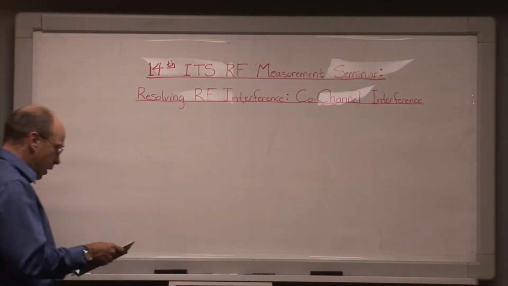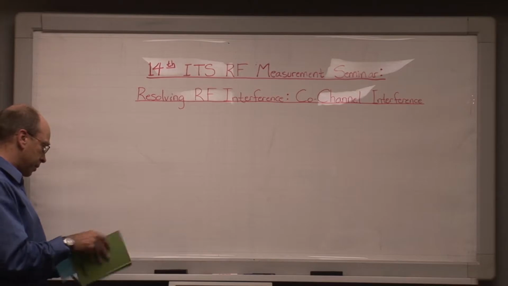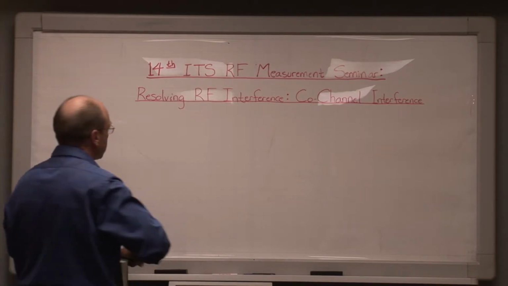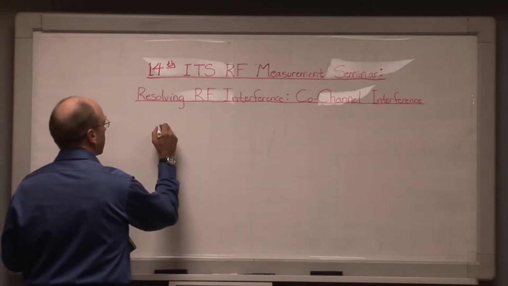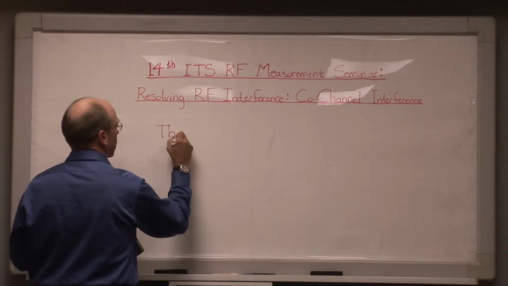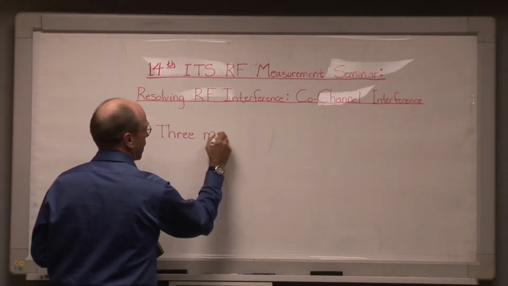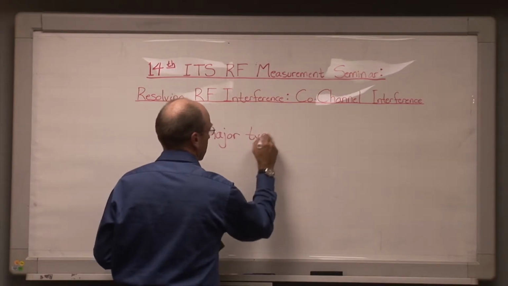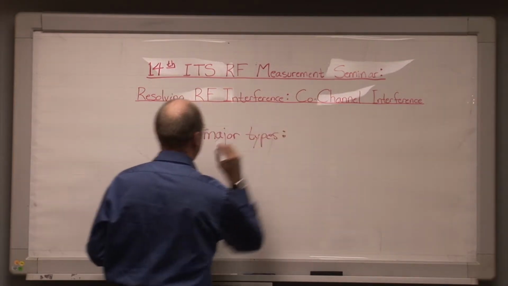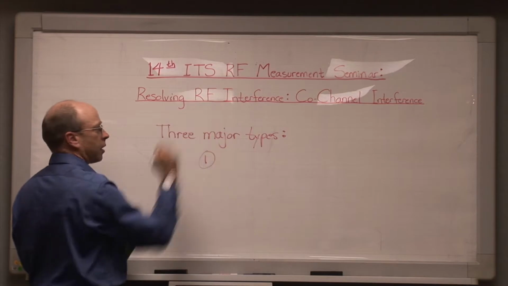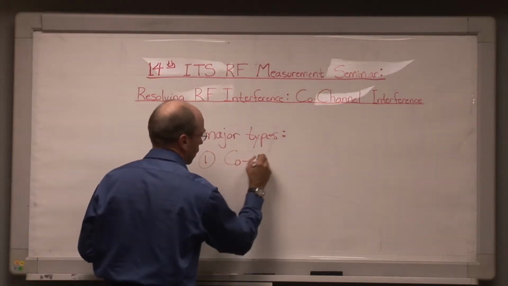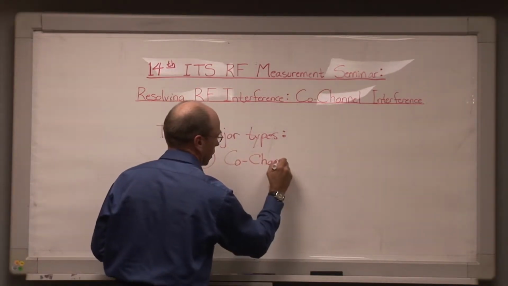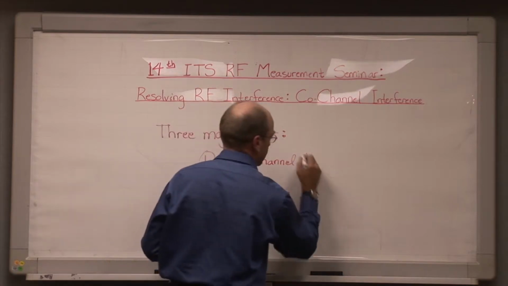So, the way that we'll work through this is to first of all mention the three major types of RF interference. And the first, which we'll talk about today, is so-called co-channel interference.